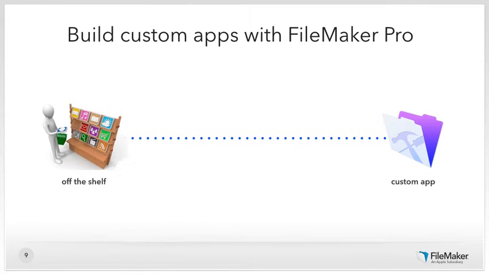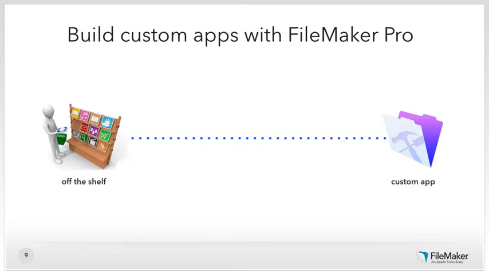So what exactly is a custom app? Simply, it's an app built to meet your specific needs and processes in your business. At the other end of the scale, we have so-called off-the-shelf apps. These tend to be built to fit a need for a wider audience. Since they target a large customer base, they can be quite inexpensive to purchase.